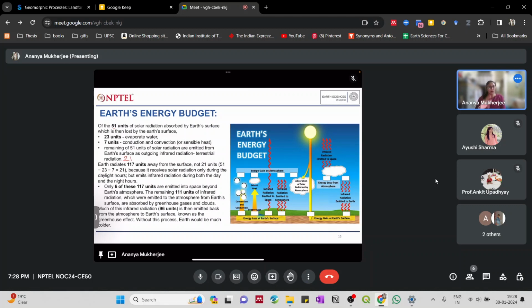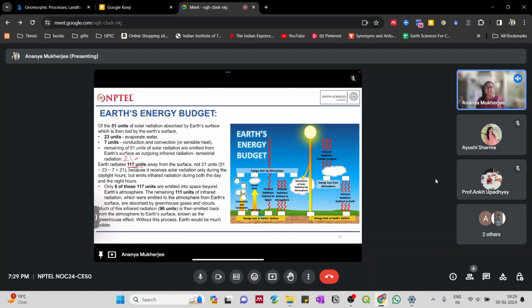Okay, but the incoming 100 units only happens in the daylight hours. But the radiation back from the Earth's surface is also happening in the night hours. So that is why we can see that the Earth's radiation back is actually more than this calculated one.